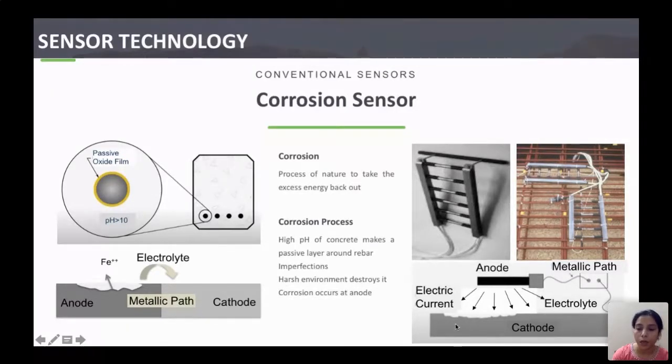Okay, so we shifted the anode from here to here. We have not stopped the corrosion. We have shifted it from the rebar to the external anode. This is why we call this process sacrificial anode cathodic protection, because this anode is getting corroded during this process.